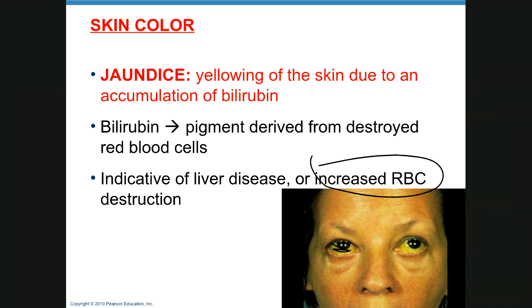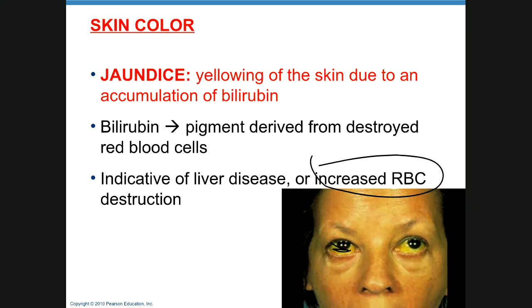So the baby is born with excess bilirubin because too many of his red blood cells are being destroyed, and the liver is too young, too small to deal with the excess bilirubin.